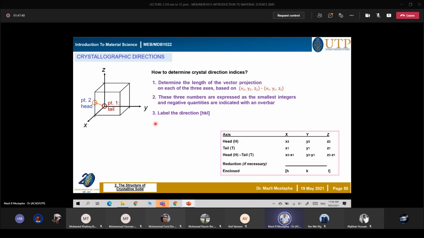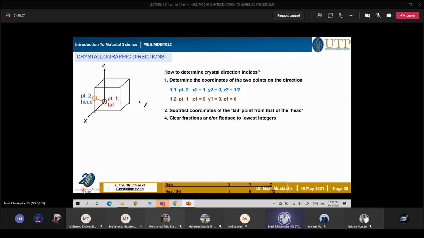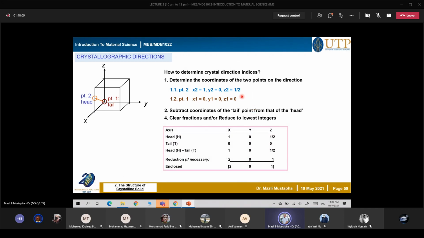Don't worry, later on I will show you many examples. It means there is no reciprocal involved. We don't want our final answer to have fraction values. Again, I will show you.